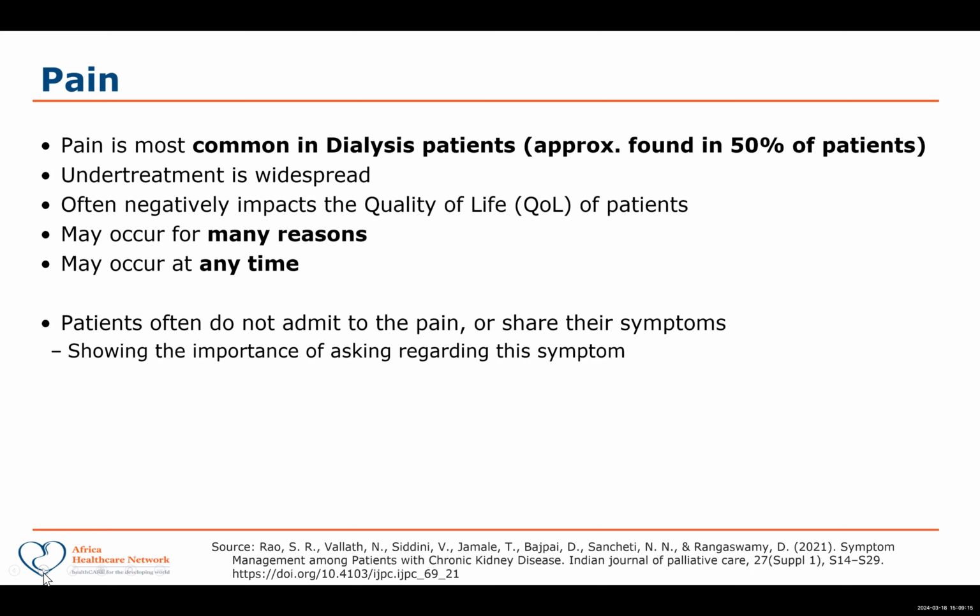That's what we're going to get at today, how important it is that we ask our patients about pain. Some people have said that pain is the fifth vital sign, that we need to ensure that we monitor, assess, and treat pain very similarly to the way we do for the other vital signs. This is taken from an article written in 2021 on symptom management among those with chronic kidney disease.